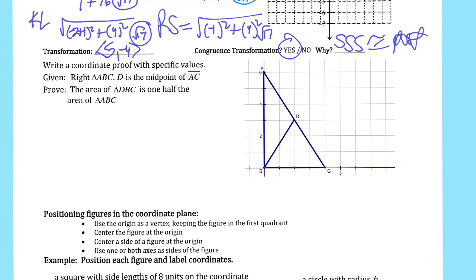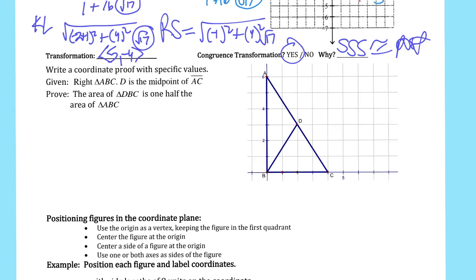The next part is we want to talk about whether the areas are going to match. Then we're supposed to write a coordinate proof with specific values. And you're like, okay, great, what do you mean? Well, given right triangle ABC, the one on the right, and D is the midpoint of AC, what we're going to try to show is that the area of DBC is half the area of ABC.